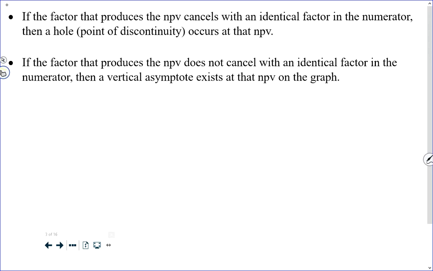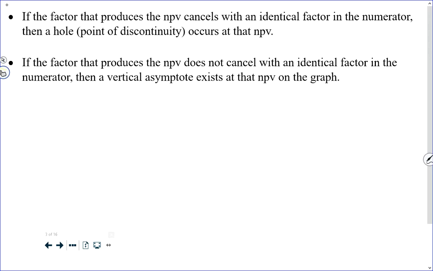Now, I can sense that those of you in Math 30-1 right now who haven't learned any of this might be getting a little antsy at all of this, but I want to make one point very, very clear here. We don't care about holes in graphs today. We're only looking at asymptotes.